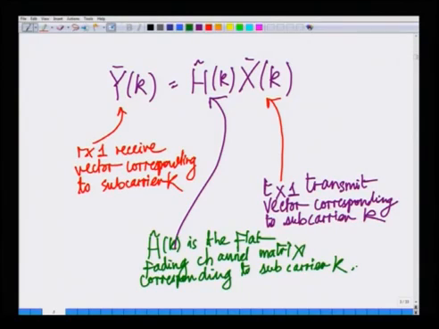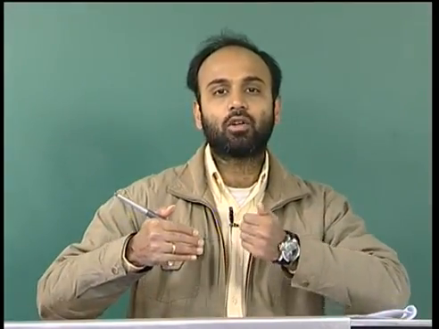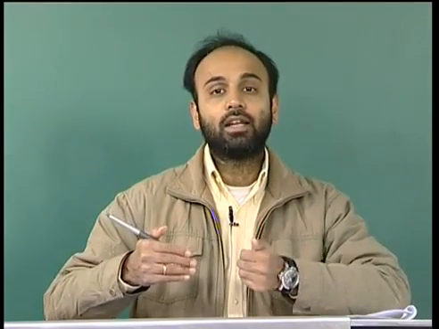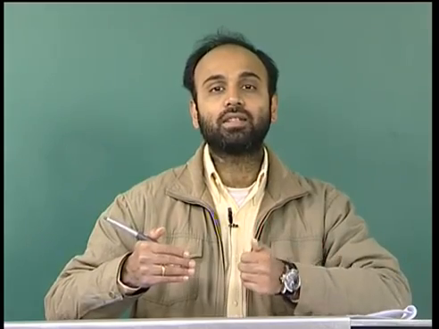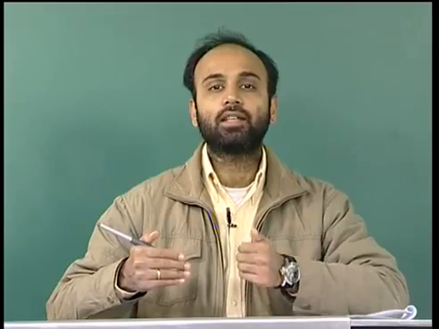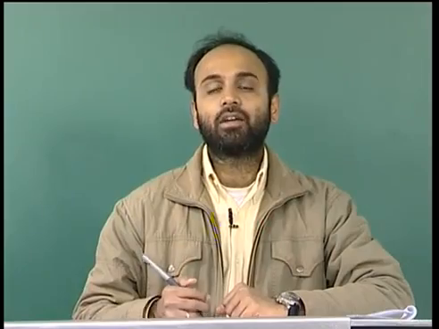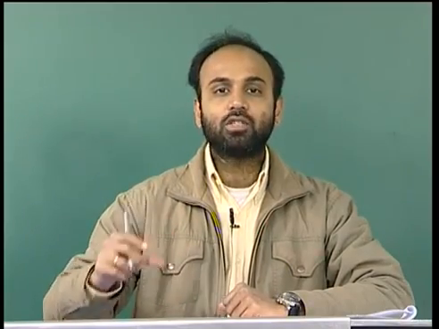Hence what we are saying is y bar k equals h tilde k times x bar k, where y bar k is the received symbol vector across subcarrier k, h tilde k is the r times t dimensional flat fading MIMO channel matrix across subcarrier k, and x bar k is the transmit symbol vector loaded onto the transmit antennas over the kth subcarrier.